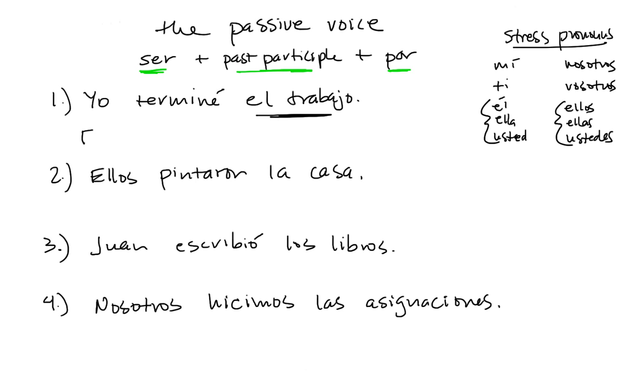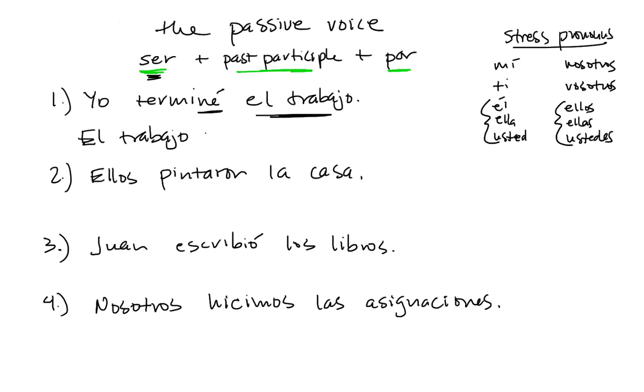So we have el trabajo. Now we have to say, instead of I finished the work, we want to say the work was finished by me. So el trabajo was, and this is where we get the verb ser, and since we have the preterite here in the original sentence, we're going to use the preterite in the passive voice.